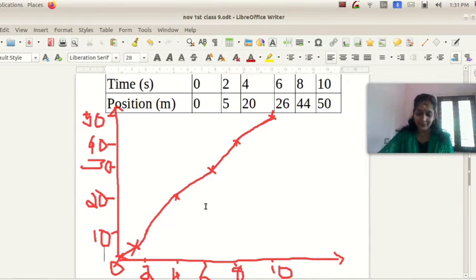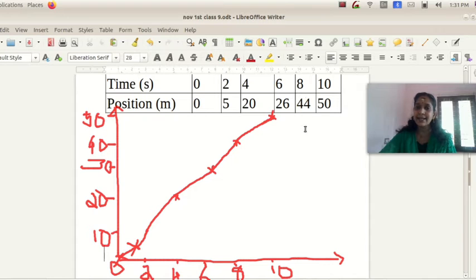Next, from the graph, we should find the time taken by the car to travel a distance of 45 meter. For traveling 45 meter, how many seconds does it take? It is about 8 seconds.